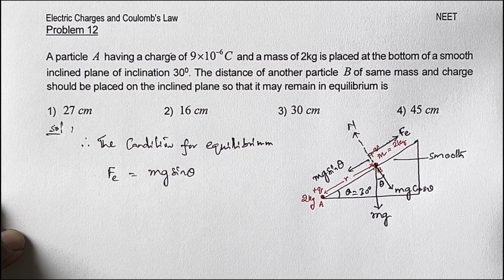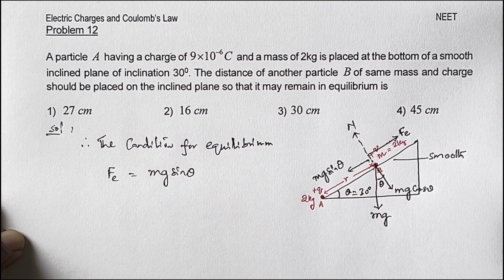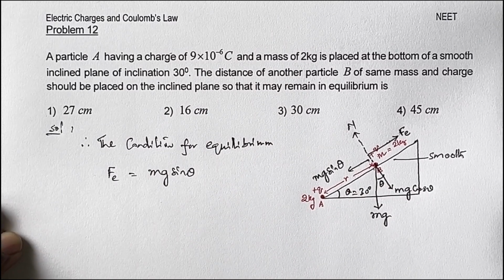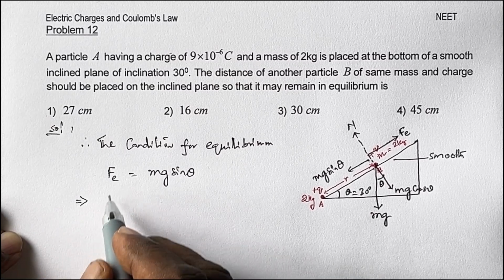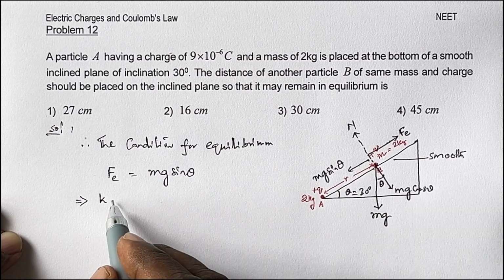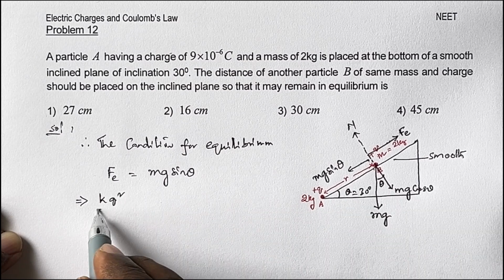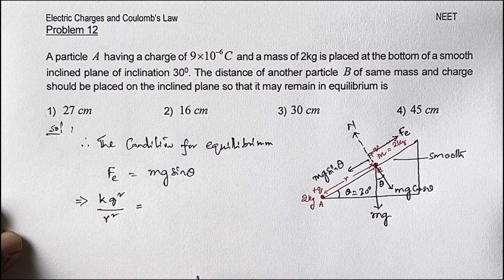Fe is the electrostatic repulsive force between two particles having the same charge q. So let us write the respective formulae. What is it? K, both charges are equal, so q square, distance is r square, that is equal to mg sin theta.